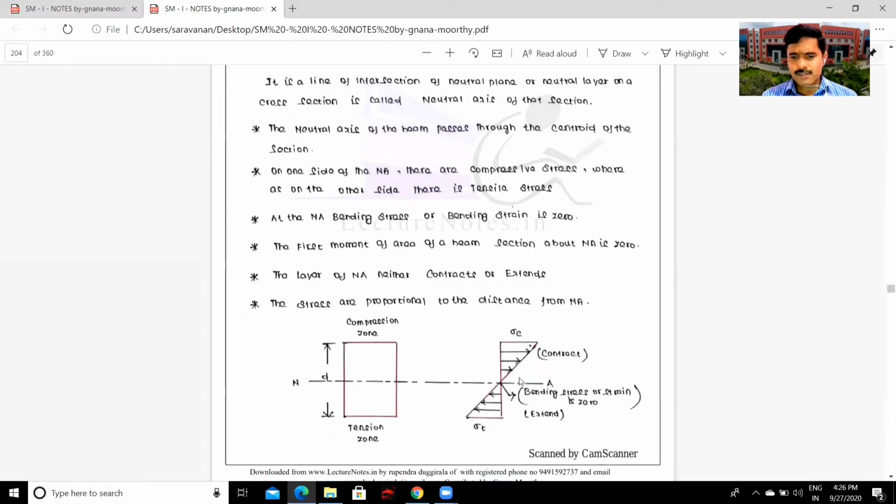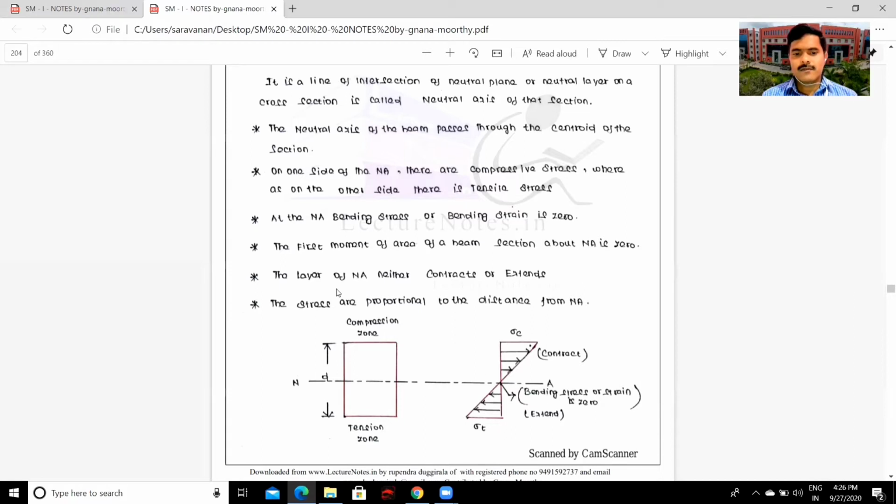So y value is here 0. If the y value increases, the bending stress value also increases. Similarly here also, as y value increases, the bending tensile stress increases. Here as y value increases, bending compressive stress will increase. Here as y value increases on this side, the bending tensile stress will increase.